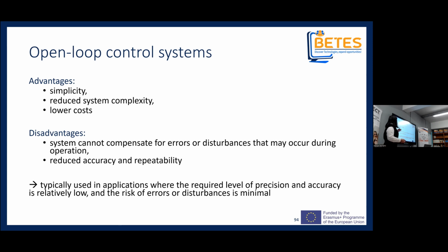So it has reduced accuracy and reduced repeatability. These are used in applications where they need low precision and the risk of errors is minimal. So they use this for pick and place robots or assembly and stuff like that.